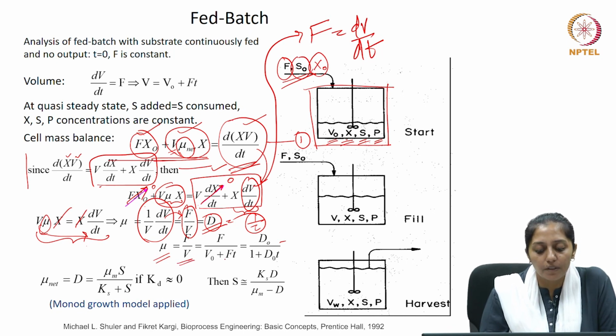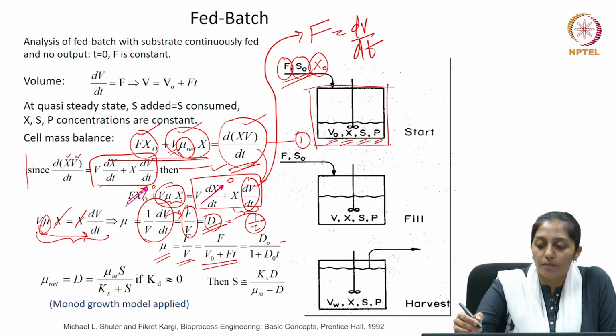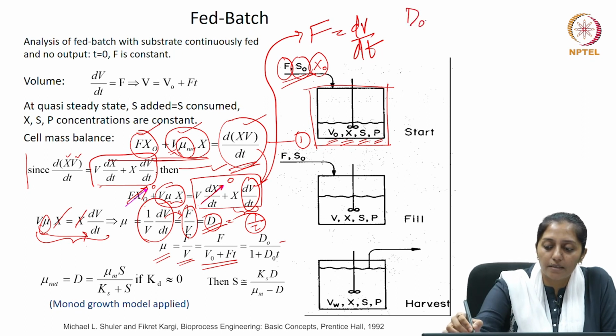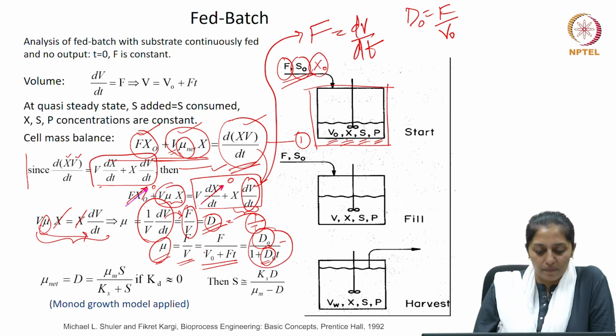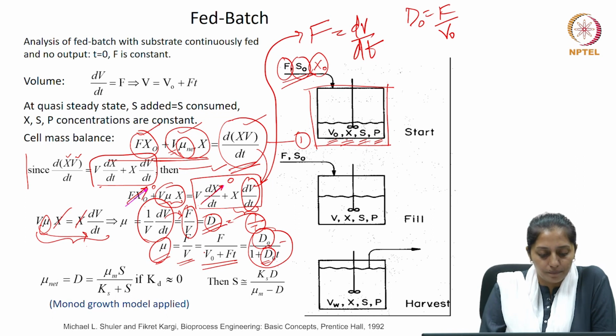Now, V can further be expanded in terms of F as given here, and let us assume the initial dilution rate as D naught, which will be F by V naught. V naught we know. So further substitution has been done and this has been brought as a function of D naught, which is known. So this is how the mu will change with respect to time and D naught.